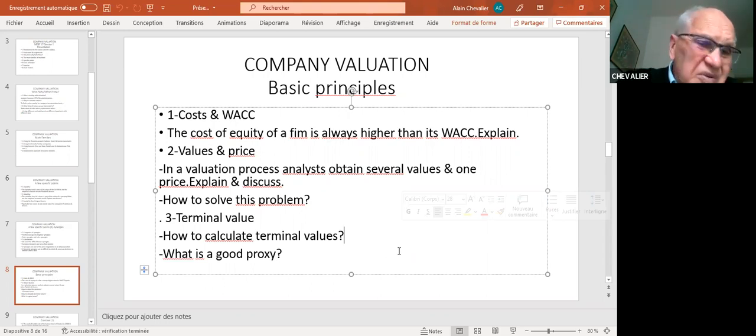What you are interested in, of course, is not the value of the holding company. It is the value of the group as a whole. In terms of book value, you are not interested in the book value of the holding company, but the book value coming from the consolidated accounts of the group as a whole. And of course, you are interested in, for example, the WACC of the group as a whole, not the WACC of the holding company.